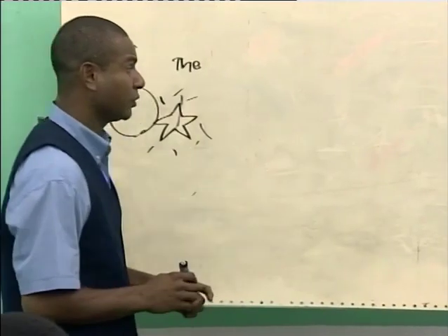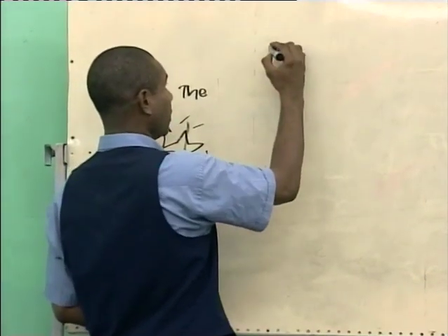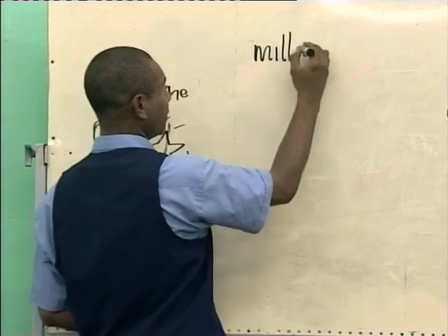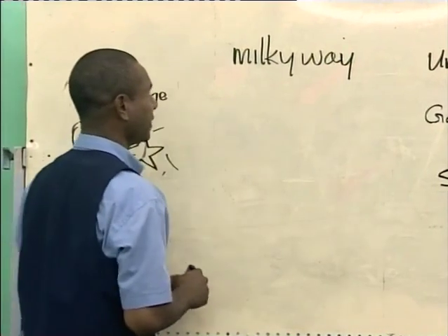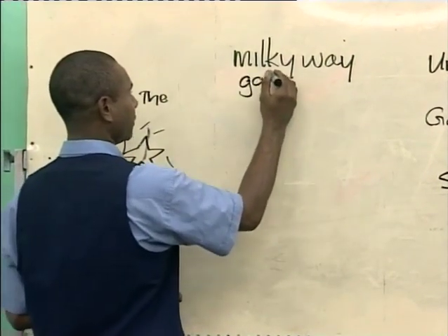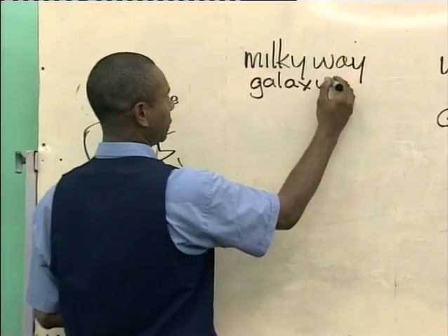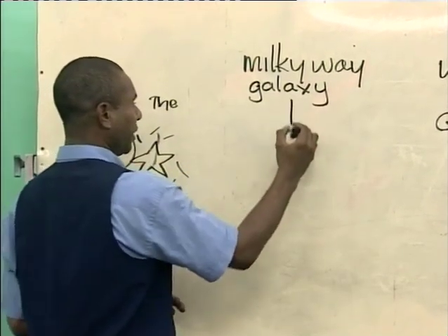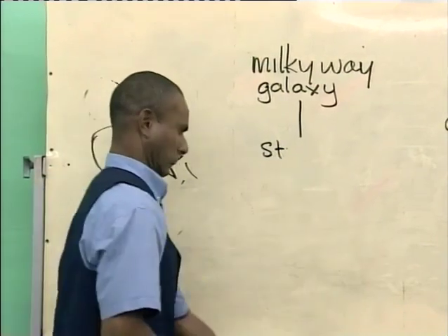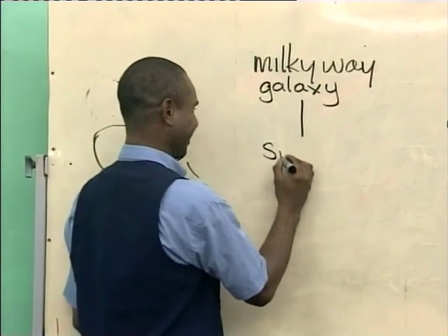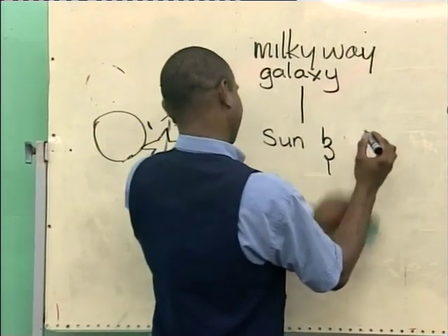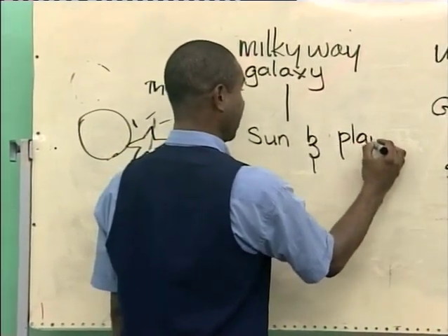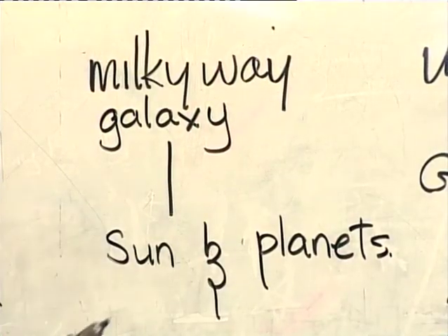All right. Thank you, Ruthie. That was the answer. Our galaxy is called the Milky Way. Milky Way galaxy. This is where the sun and the planets that we know of are, which is our solar system.